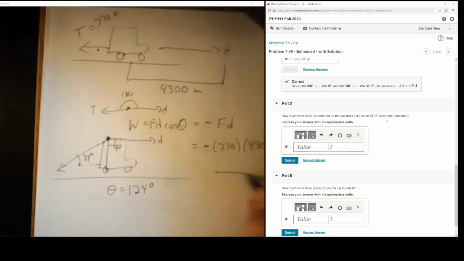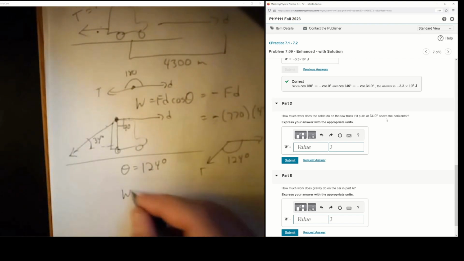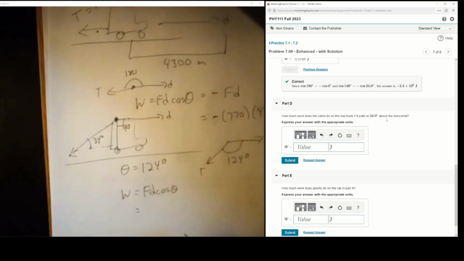So the angle between displacement and tension, this angle here, 124. So when we look at our work formula, we got the force here is tension, which we know is 770, the displacement 4,300, and then we have cosine 124.